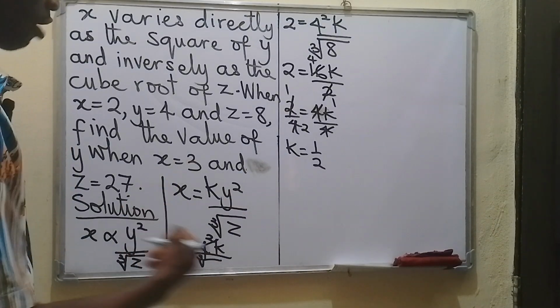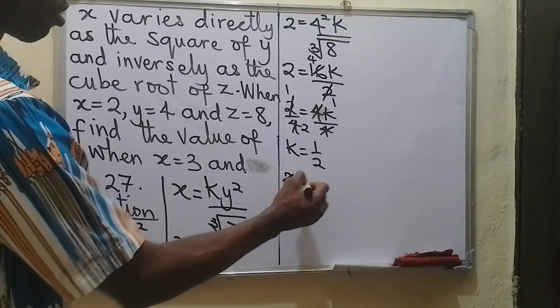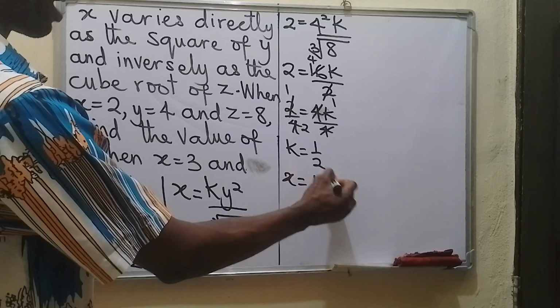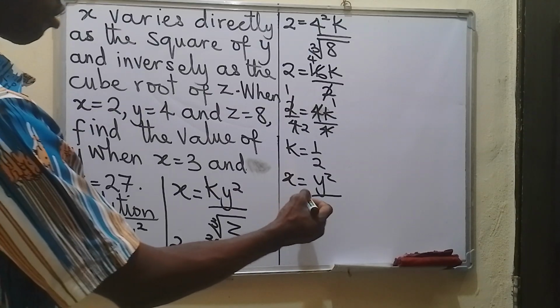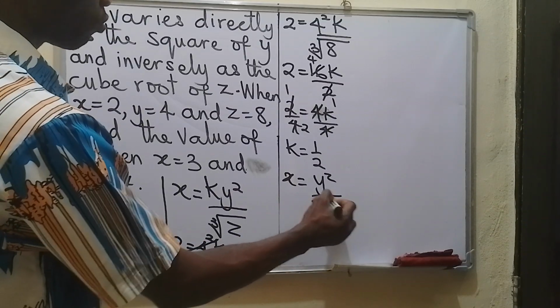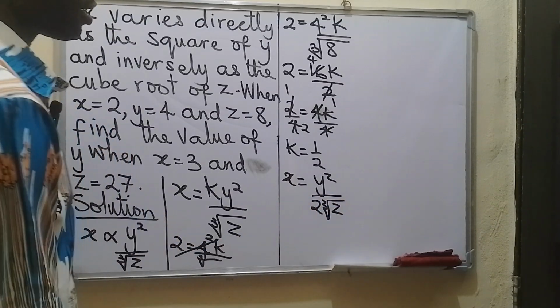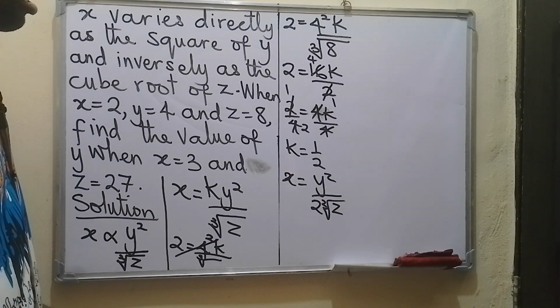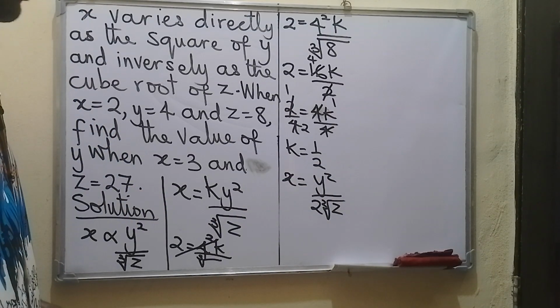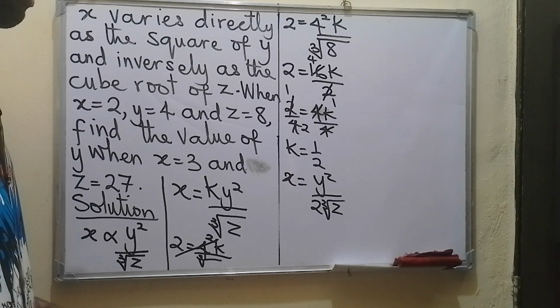So finally, our equation will be x is equal to y squared over 2 times the cube root of z. This is what we call the equation connecting x, y, and z.